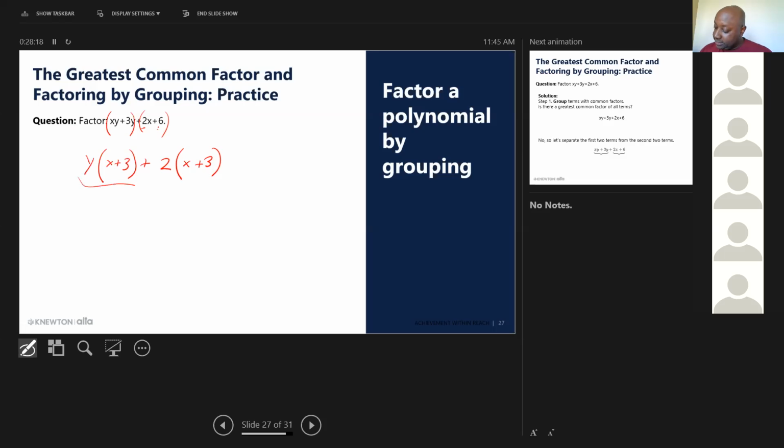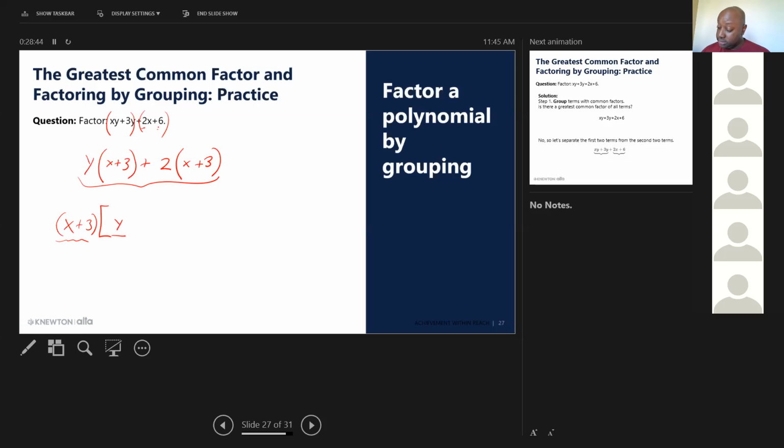So now looking here, what factor do they have in common for this binomial? X plus 3 is my common factor. So I'm going to write x plus 3, start out with brackets, so you'll see that x plus 3 is what they have in common. So now x plus 3 times what gives me y times x plus 3?